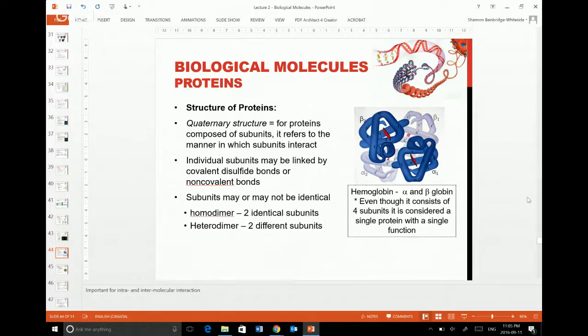And hemoglobin is really the best example of that, where you have 4 protein chains that come together, 2 alpha chains and 2 beta chains to make the functional hemoglobin protein. If the different protein subunits that are coming together are identical, you have what's called a homodimer, when there's 2, for example, or a heterodimer if they're different.